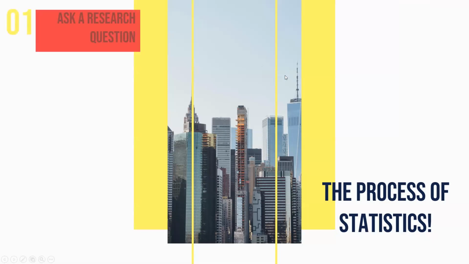So the first step in the process of statistics is to ask a research question. Here, this is what's called a hypothesis, or that claim I made, okay? When you ask a research question or have a hypothesis, you make a claim, and what you ultimately want to do is test the validity of that claim.